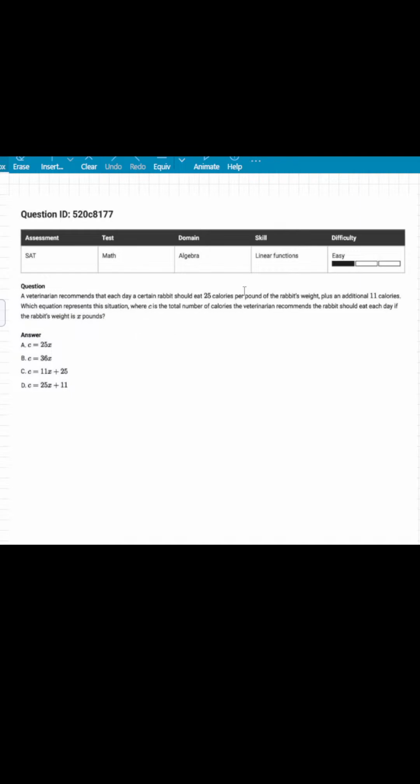So for each pound the rabbit should eat 25 calories. So for X pounds, the rabbit should have 25X calories, and also we have an additional 11 calories. So we just have to represent whatever the veterinarian recommended as a mathematical formula of the total number of calories that should be consumed with respect to the weight of the rabbit in pounds.